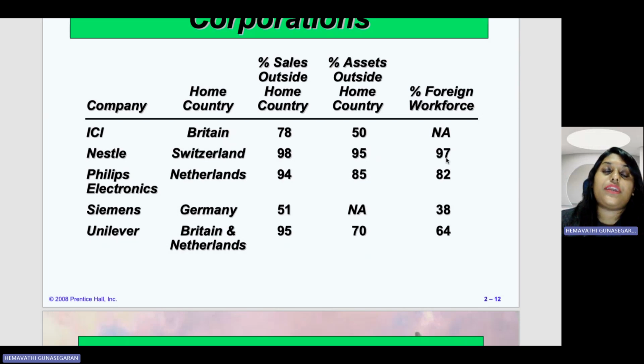That is where you are going to generate your sales, obtain your assets, and gain foreign workforce. Whenever you associate with different or outside countries, indirectly it is going to increase your overall revenues and profits, and at the same time, it is going to reduce your costs.